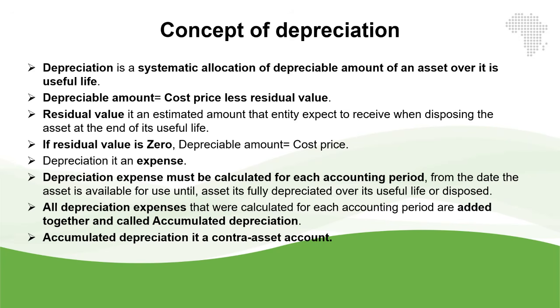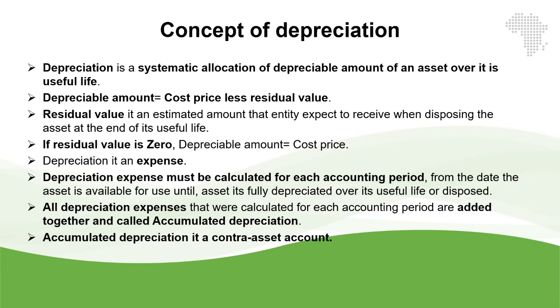That's why we are saying depreciation is a systematic allocation of the depreciable amount over the asset's useful life. You will see that there's a term coming up which says depreciable amount. What is a depreciable amount? We're saying it's the cost price less the residual value.